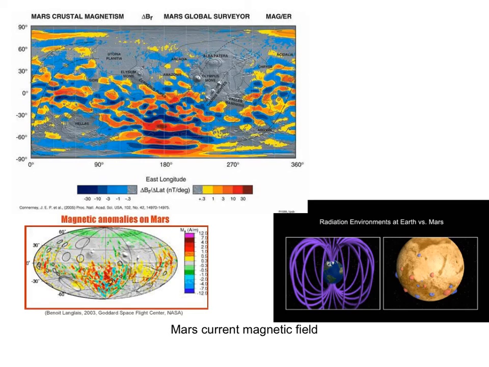This is magnetism that was detected by Mars Global Surveyor, which is not around anymore because it suffered an unfortunate accident. But this was the current magnetic field measured by Mars Global Surveyor.